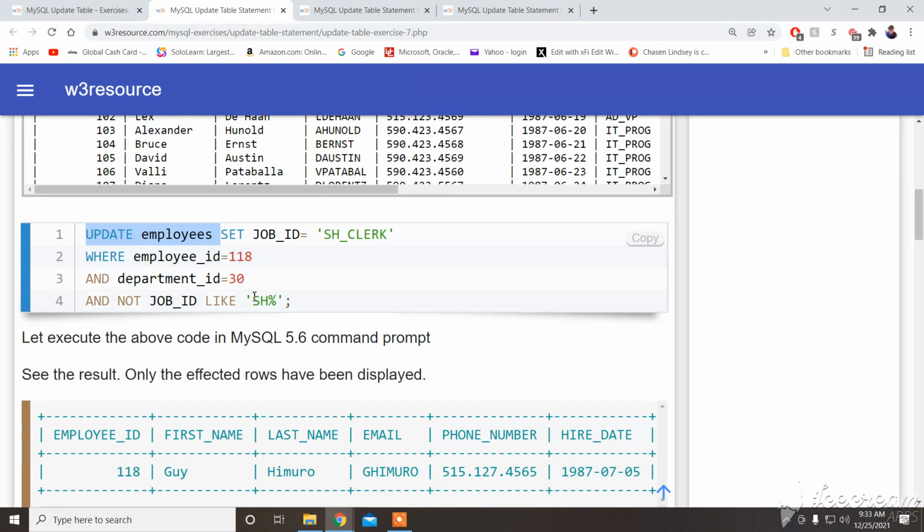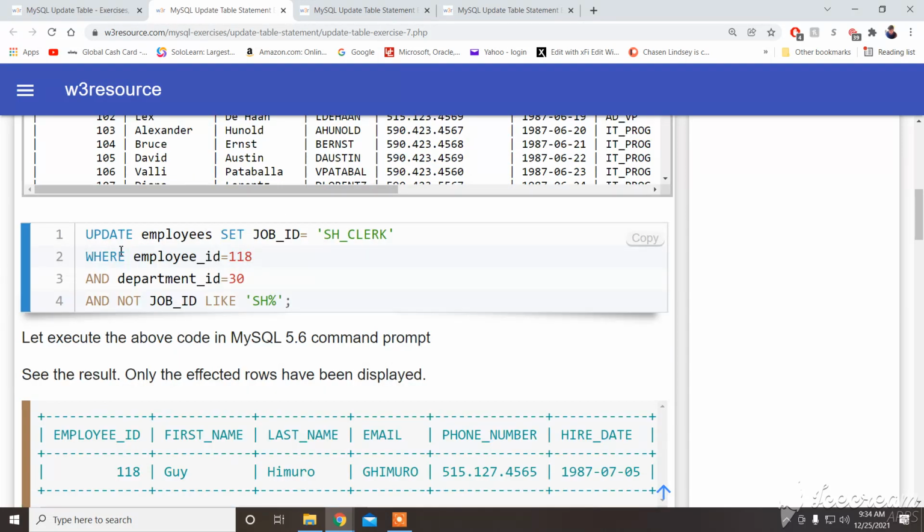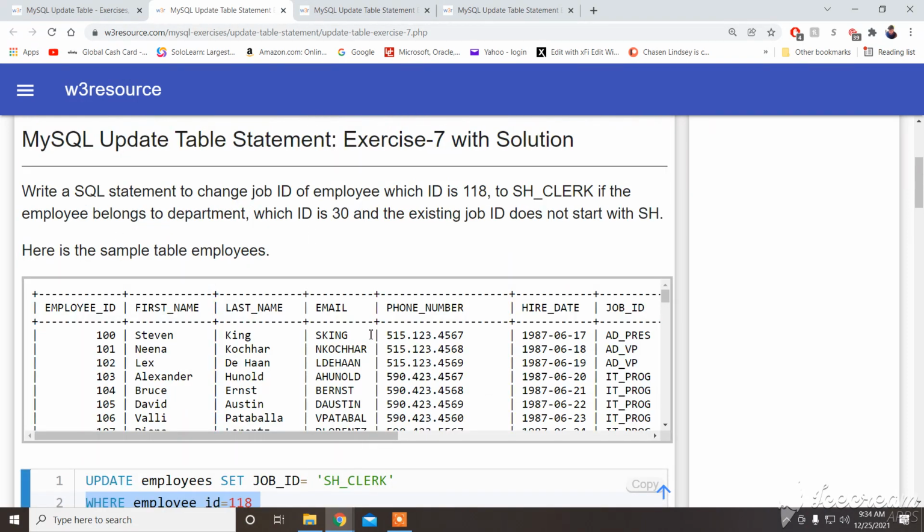Update employee, change job ID of employee, which ID is 118. Update employee, set job ID. Oh yeah, and sometimes the wording is interesting in here.